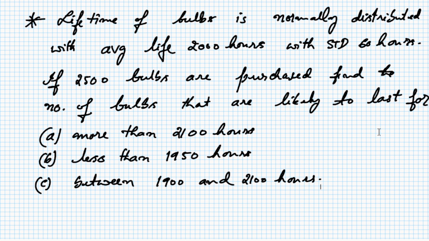Is the mean 2000 hours? Yes, mean is 2000 hours. Number of bulbs purchased is 2500. Can we go to the previous slide? Just hold on, I think people are still writing.